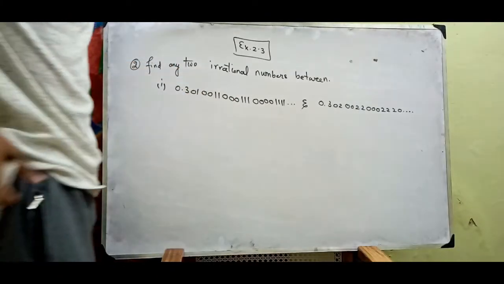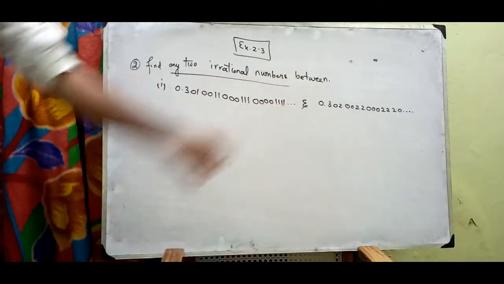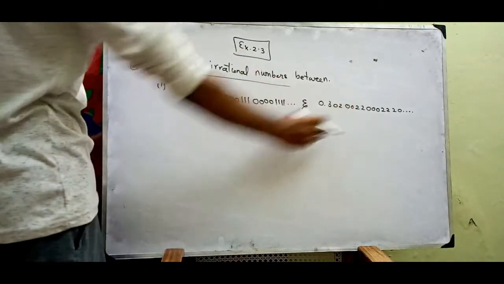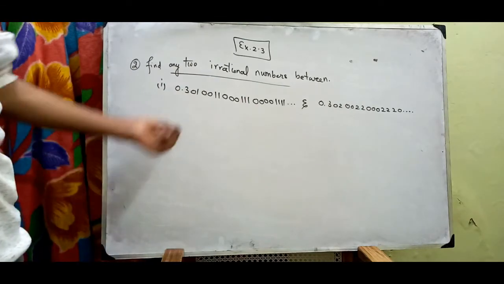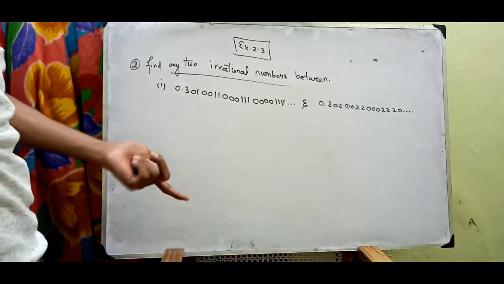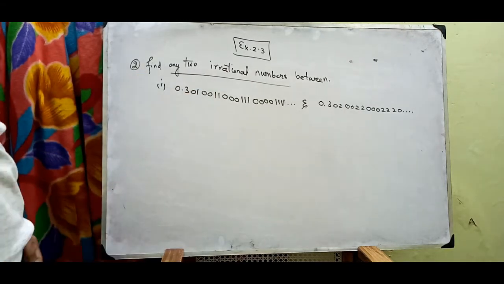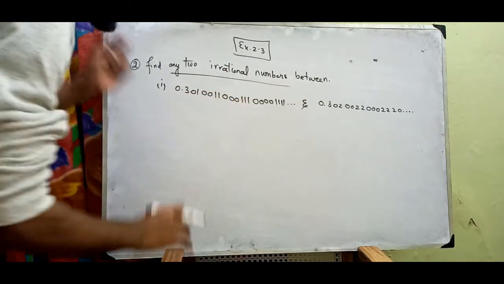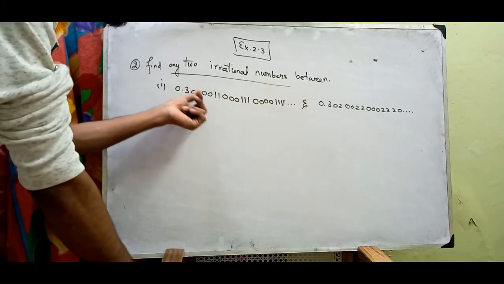Find any two irrational numbers between these two irrational numbers. This is also an irrational number, and this is also an irrational number. Still we have to find any two irrational numbers. As I said, between any two irrational numbers or rational numbers, there are infinitely many rationals and irrationals respectively. So let us focus on these numbers. Say the given number is 0.301.